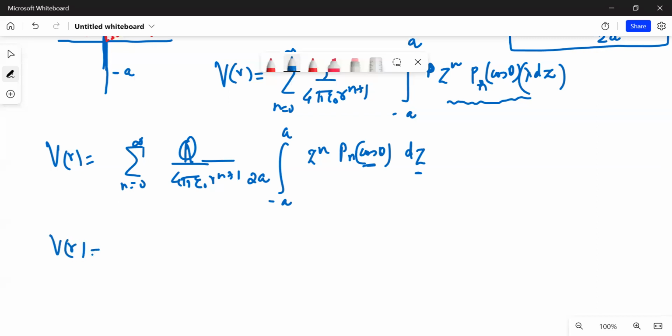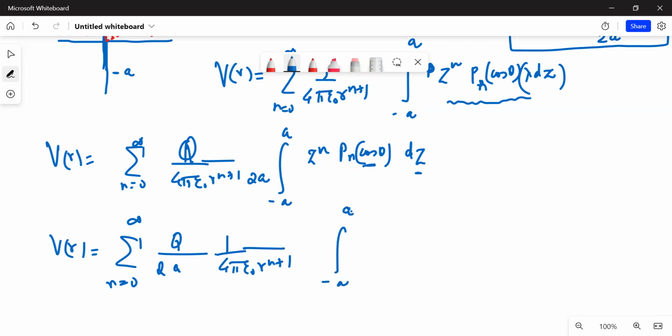So you are left with summation n equal to 0 to infinity, you have q upon 2a, and then we have 1 upon 4 pi epsilon naught r की power n plus 1, and then from minus a to plus a, I think I should write pn cos theta also outside only. We have z की power n dz. Is that clear to you? Is that clear ना? ये चीज समझ में आ गई?